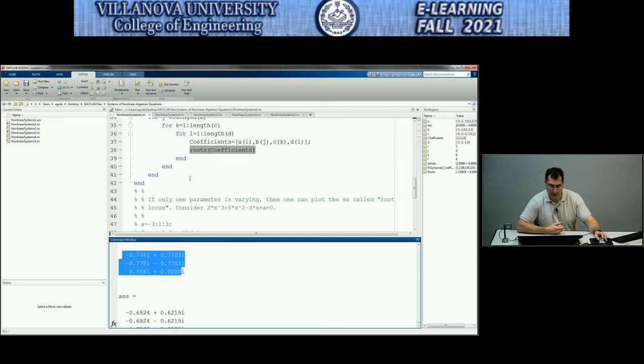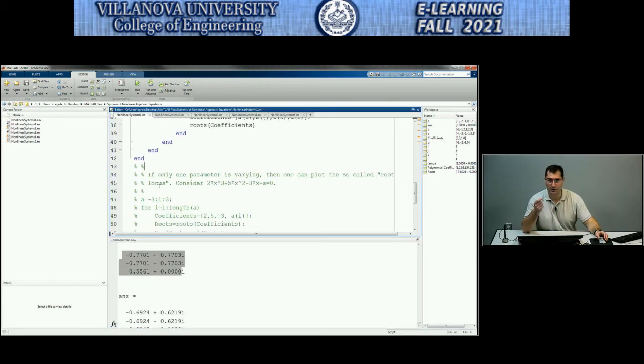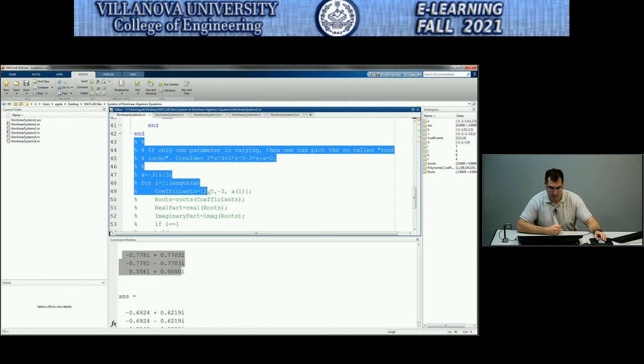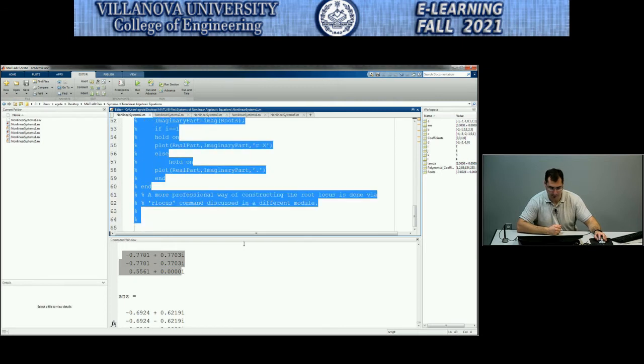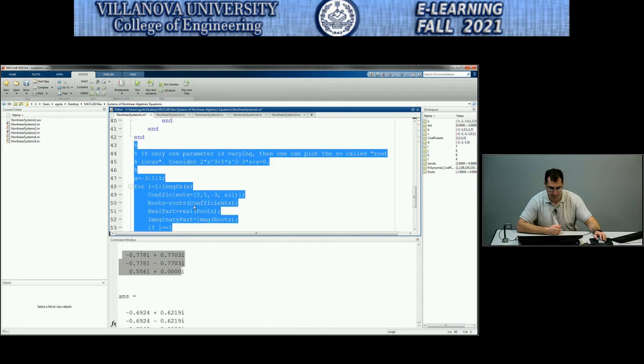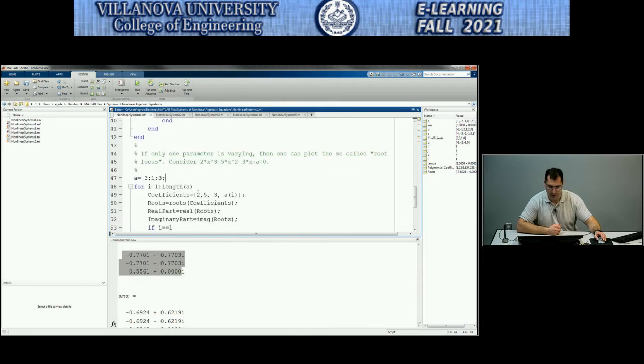If only one parameter is changing, you can plot the so-called root locus, which is basically a comprehensive picture of the migration of the polynomial roots depending on the value of the parameter. So let's say, to be more specific, I am looking for the roots of this polynomial where I only have the last free term being a varying coefficient.